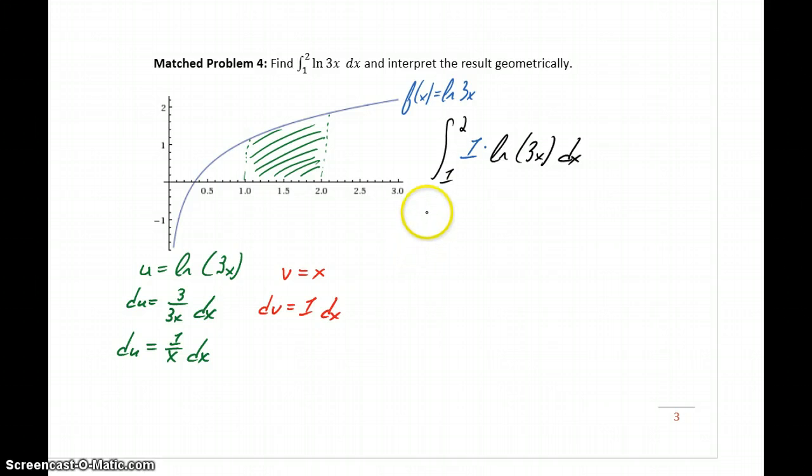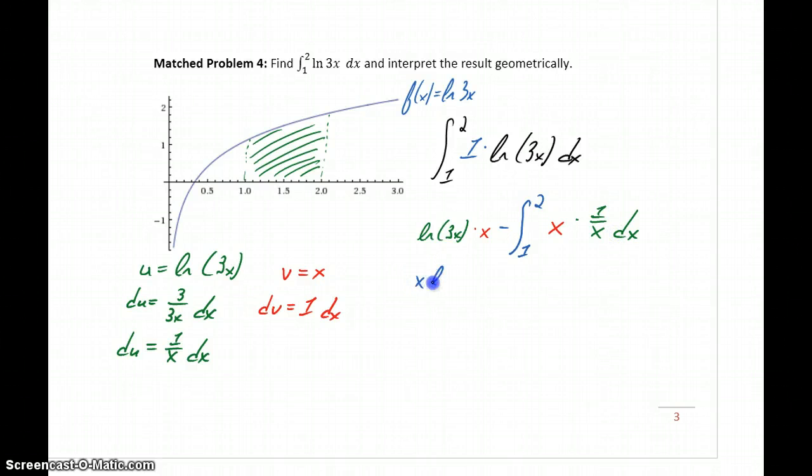So we need to plug this again into that formula for integration by parts. So this would become the natural log of 3x times x minus the integral from 1 to 2 of v, which is x, times du, which is 1 over x dx.